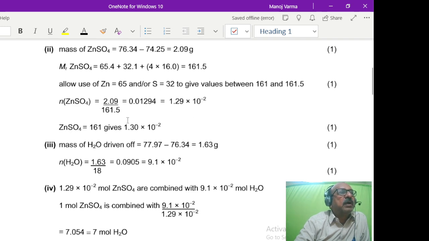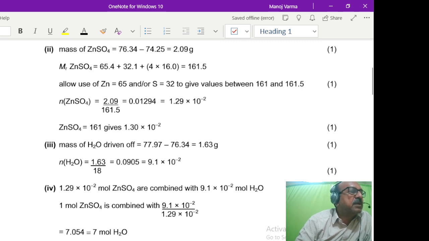So if you use this value instead of 161.5, use the value of 161 rounded off, then this 1.29 times 10 raised to minus 2 will be 1.30 times 10 raised to minus 2. Now what is the mass of the water driven off?